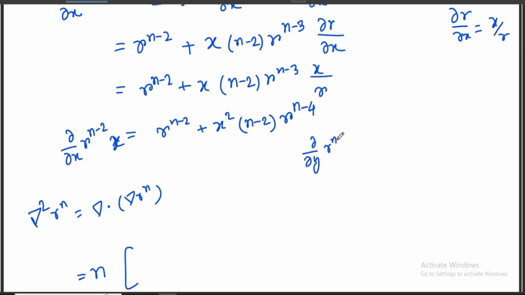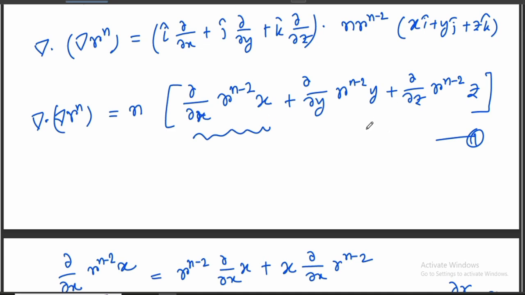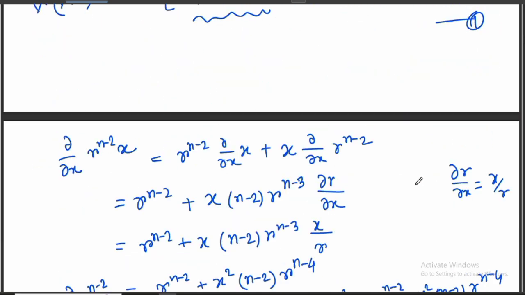For y it will be r to the power n minus 2 plus y square n minus 2 r to the power n minus 4, and for z it will be r to the power n minus 2 plus z square n minus 2 r to the power n minus 4. Now after putting into this equation, this is a summation of these three terms.